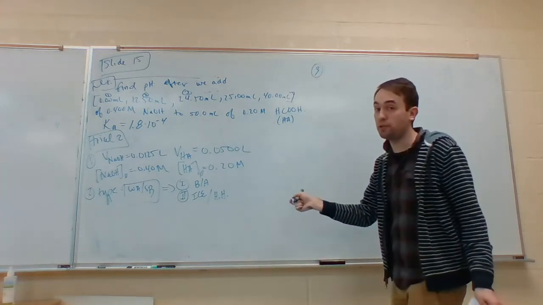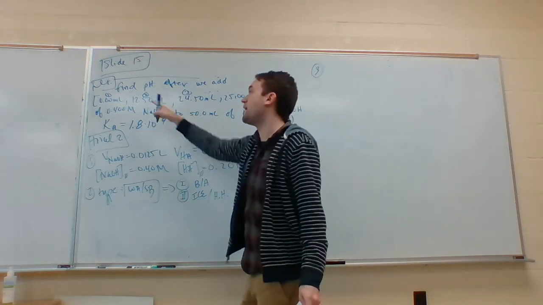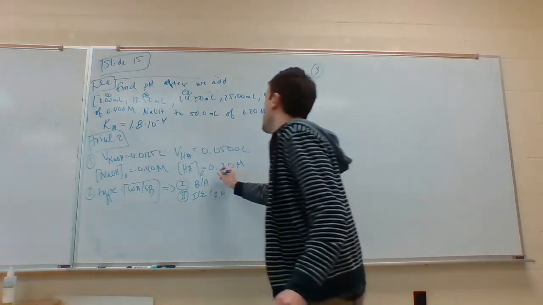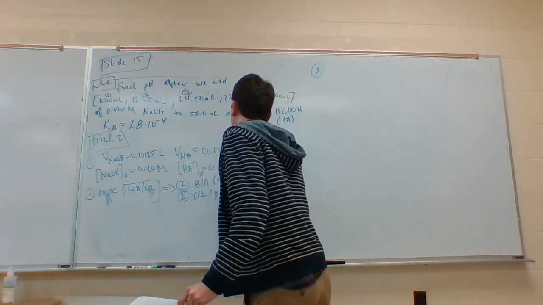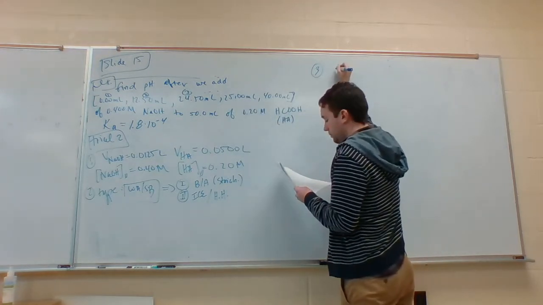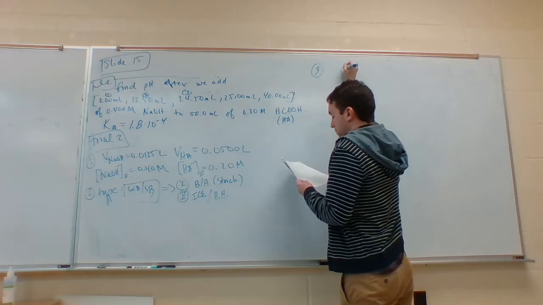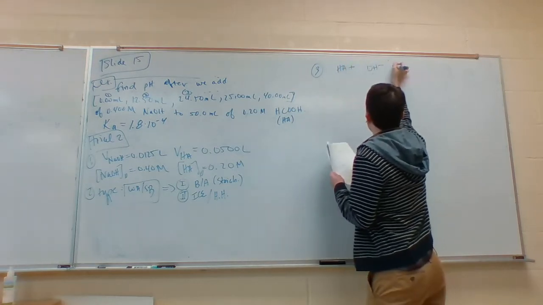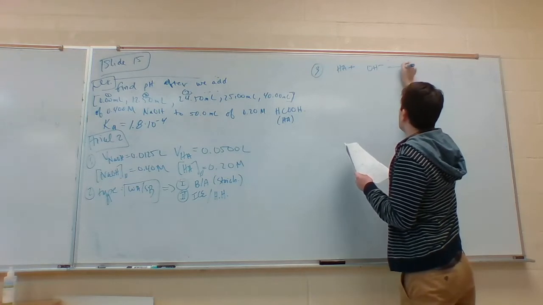We do have to do this time because we have added a little bit of base, which is going to change our stoichiometry, right? So this is our stoichiometry part. So let's set up our before and after table. In our before and after table, we have HA plus OH minus. So we've got both of those components that we've added.